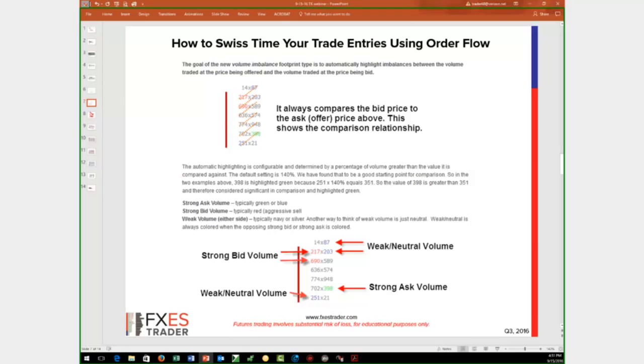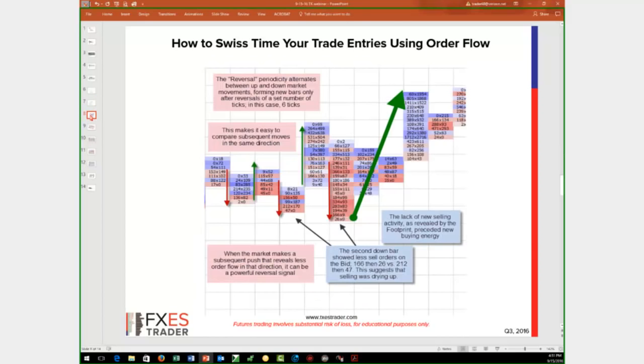So just some examples of what the footprint looks like. We'll run through a couple of these and I'll jump into software. The reversal, which is primarily what this is about. You can see we were kind of chopping around coming into this, had a little bit of a movement up and then a sell-off. And during the bottom of all of these, you notice the footprint showed a lot less volume than the previous bar.